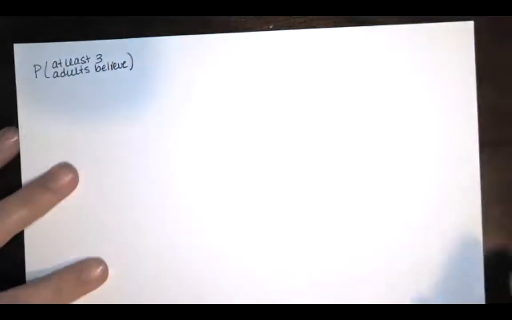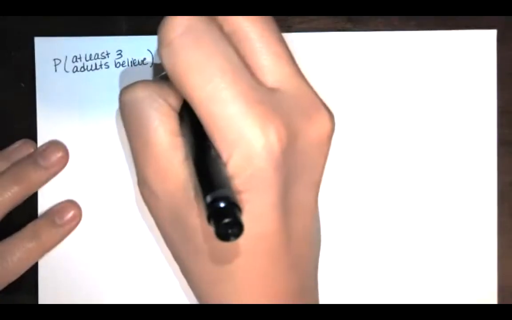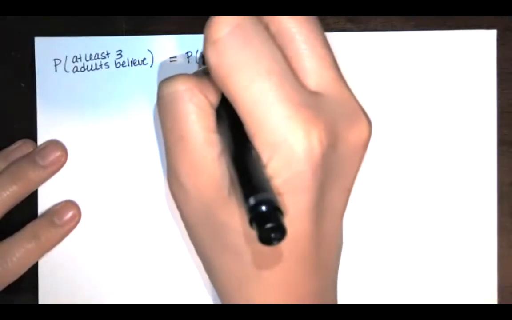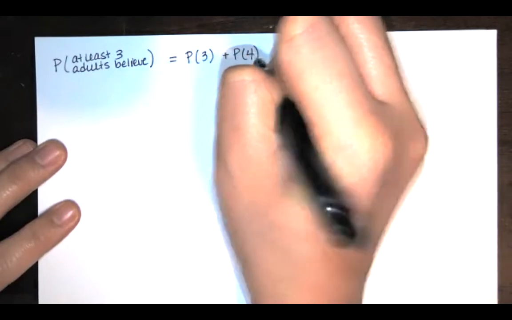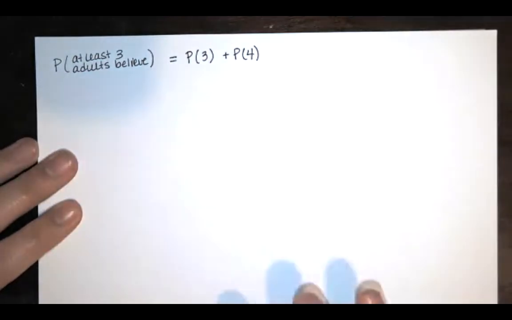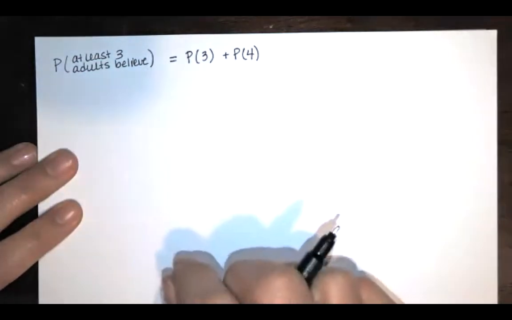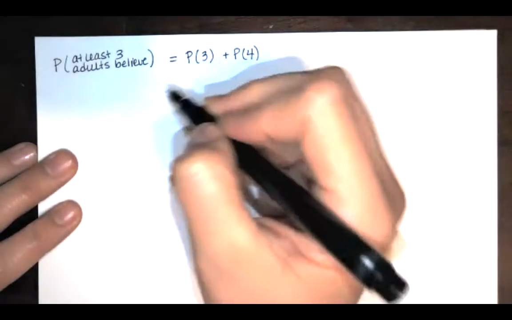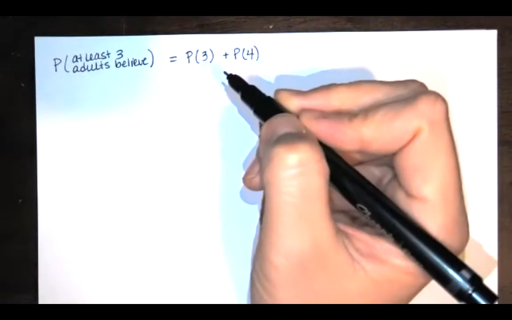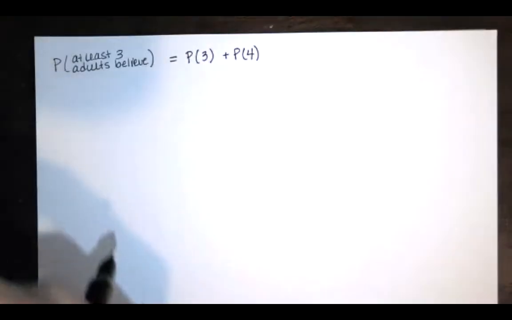Well, the probability that at least 3 adults believe is the probability that 3 adults believe plus the probability that 4 adults believe. If we've got 4, that's the maximum number of adults that could believe. So the probability that 3 adults believe, we actually calculated that already.